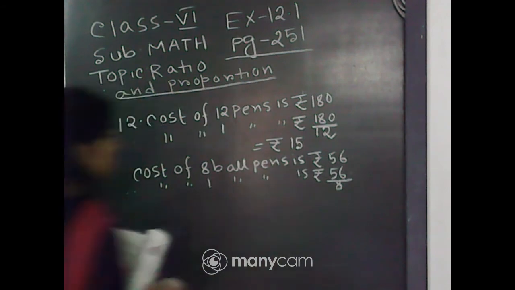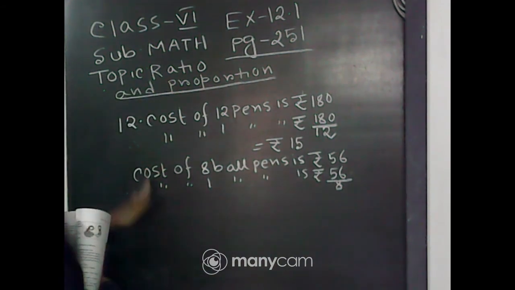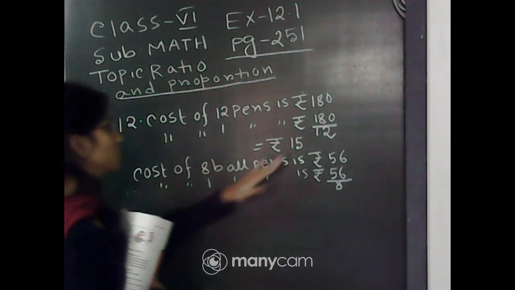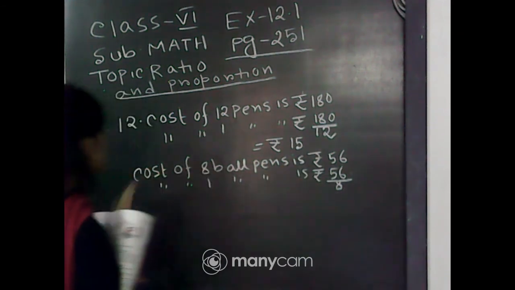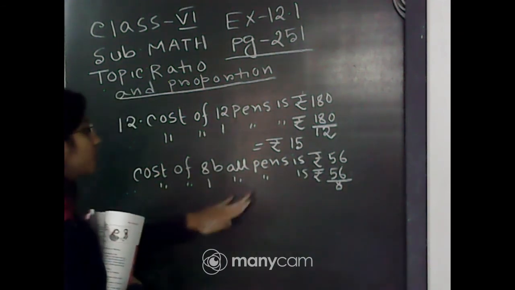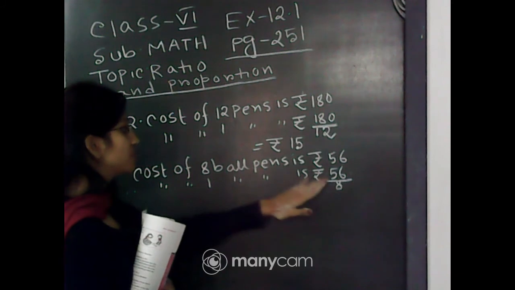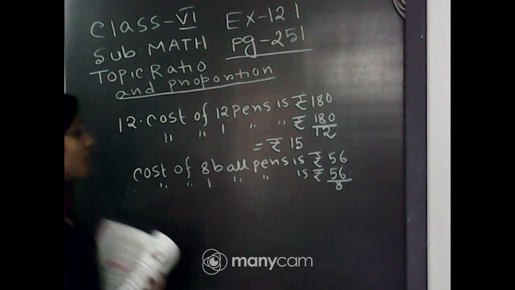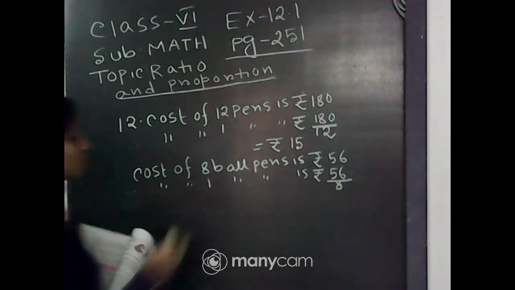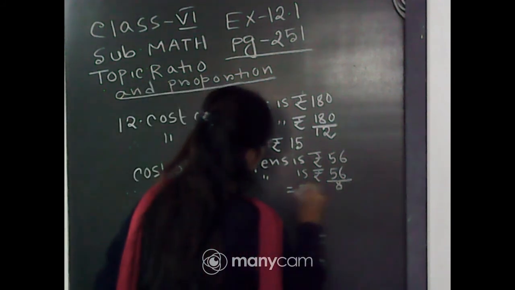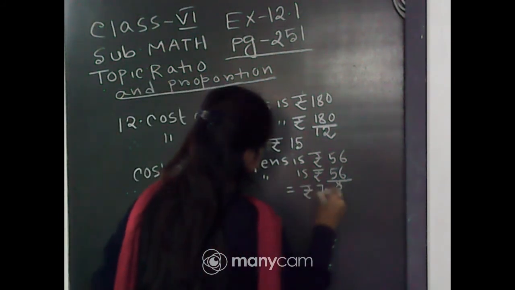We use unitary method and therefore this is equal to rupees 7.